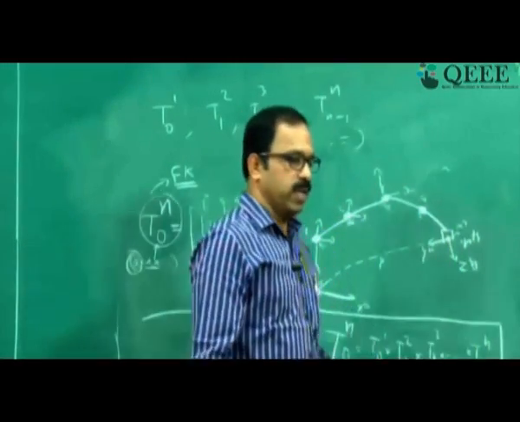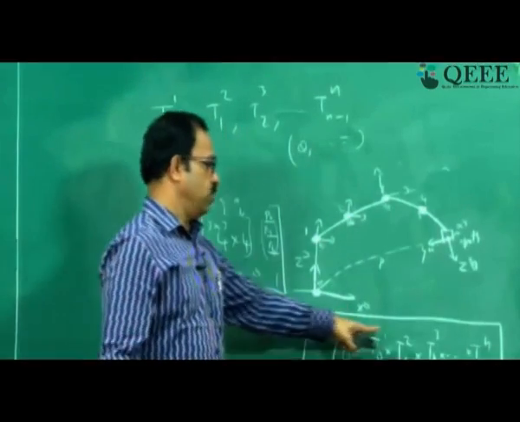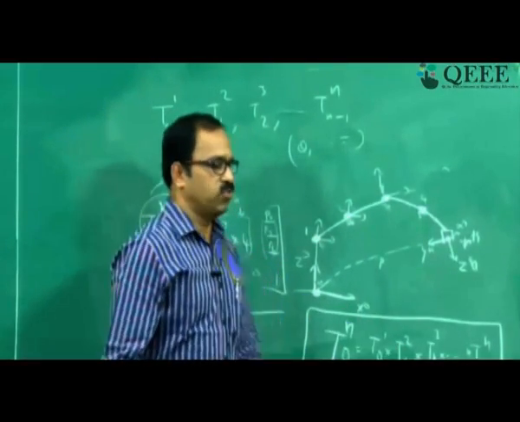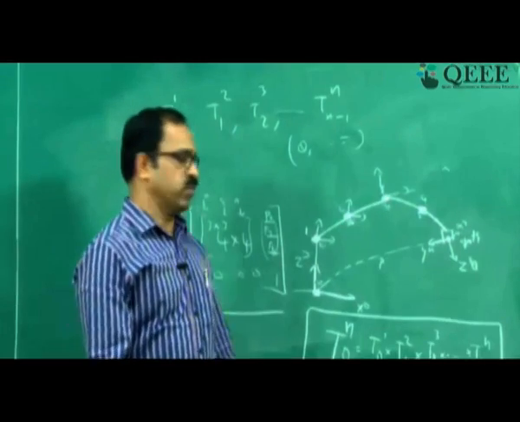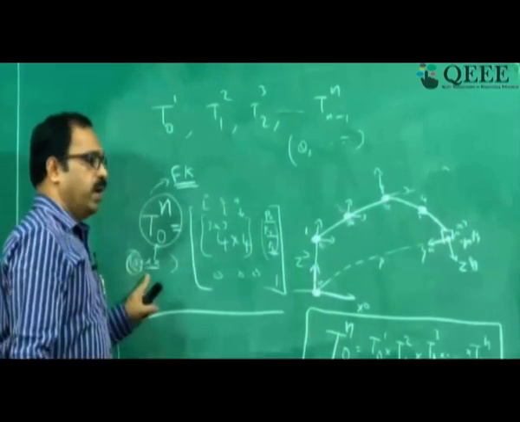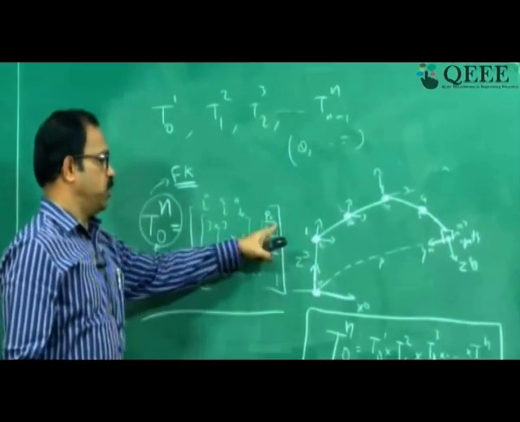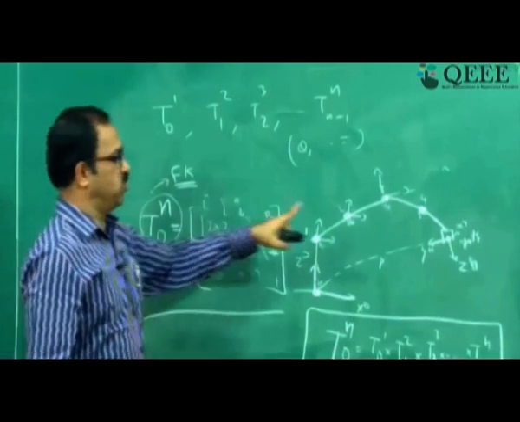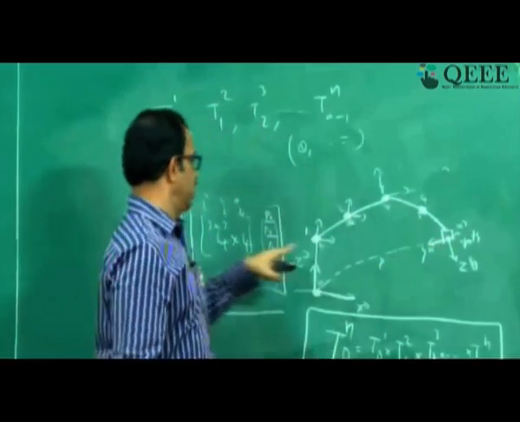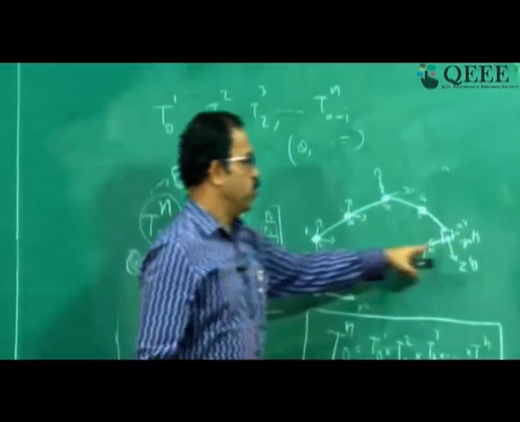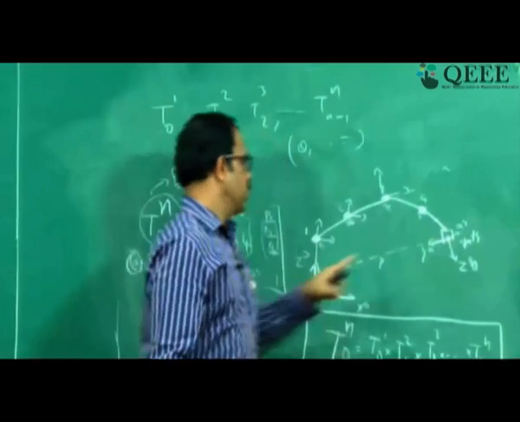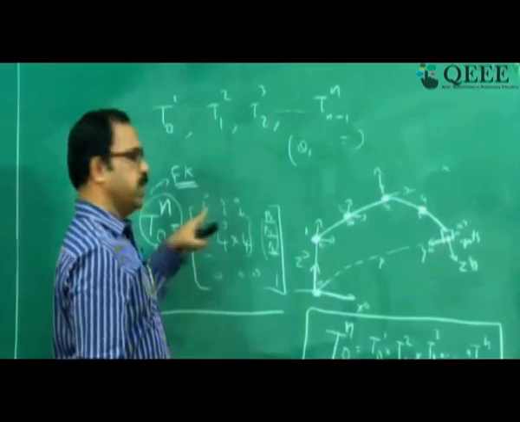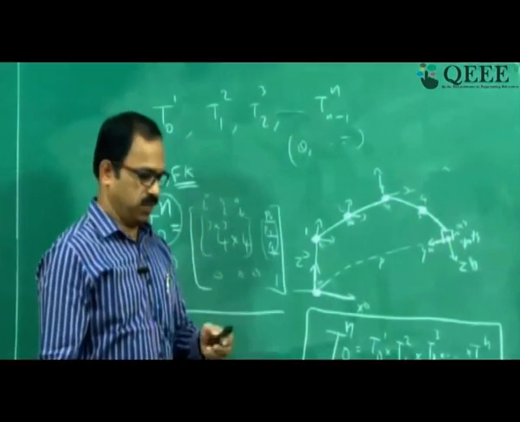So n to 0 is obtained from n to n minus 1, 1 to 0 etc. The n to 0 will be a function of theta, and px, py, pz can be obtained from this element and the orientation from this. So this is the complete position and orientation. This p is given by px, py, pz, and the orientation of this frame with respect to the base frame is given by this 3 by 3 matrix.